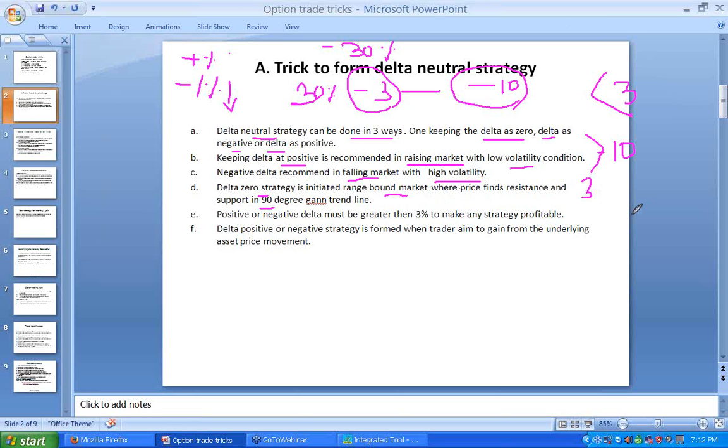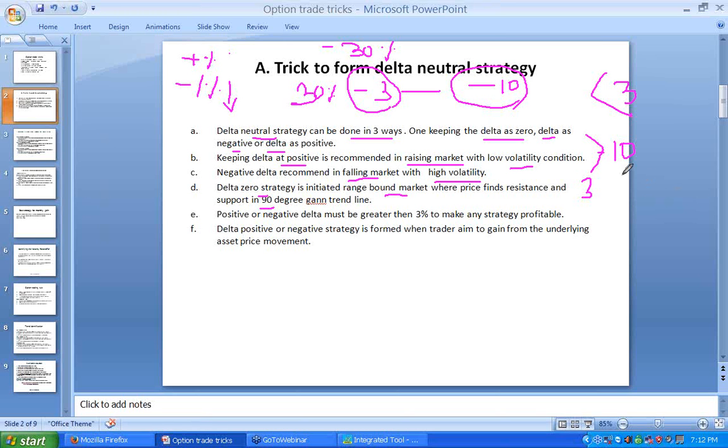Positive delta must be greater than 3, that I have already told you, and a delta positive or negative strategy is formed when the trader aims to gain from the underlying asset price movement. So delta neutral means you are going to bargain on the intrinsic value component. So this is the process in which this strategy is being formed.